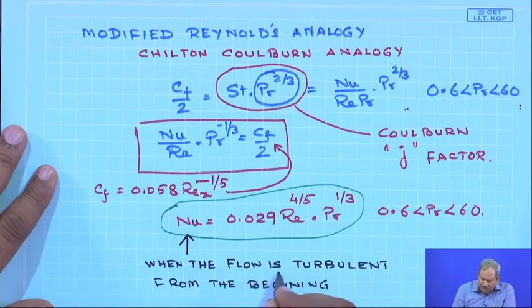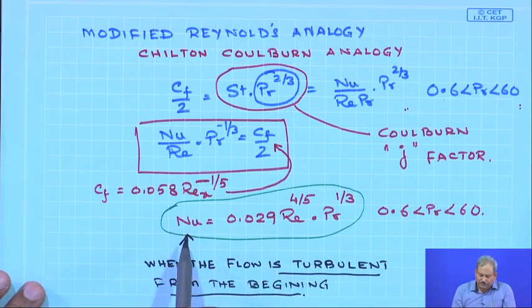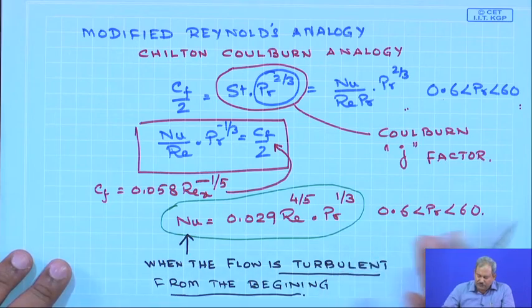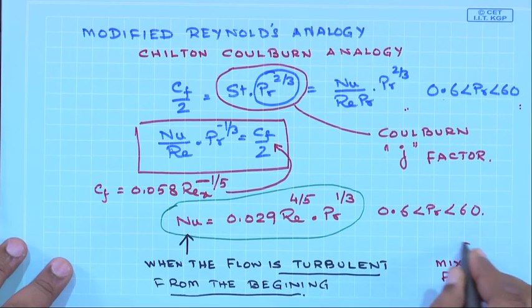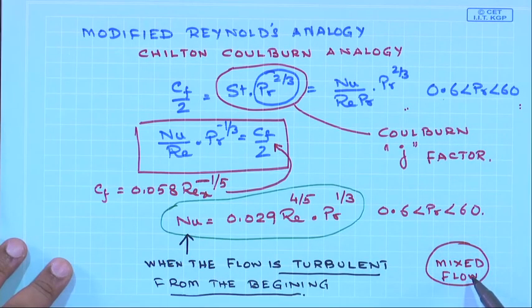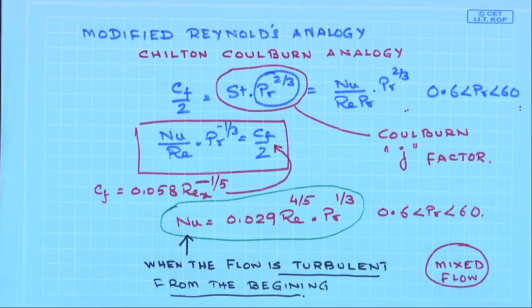So, when the flow is turbulent from the beginning, this expression can be used to obtain the value of H and so on. But in most of the cases, the flow is laminar to start with and then it turns turbulent. Those kind of flows are known as mixed flow. So, I will give you the expressions for mixed flow based on the expression of Nusselt number in laminar flow and in turbulent flow in the next class.